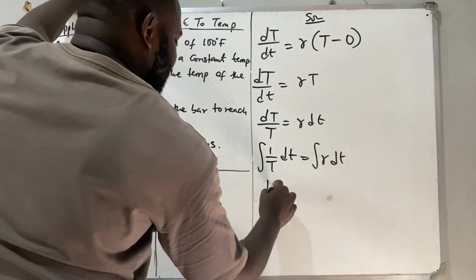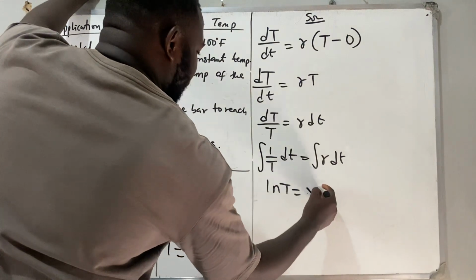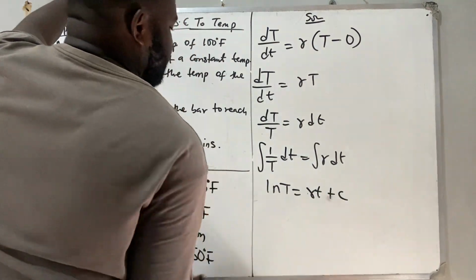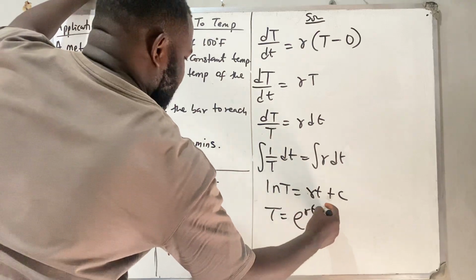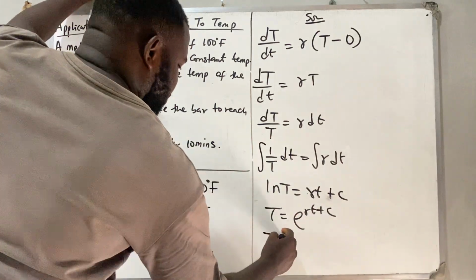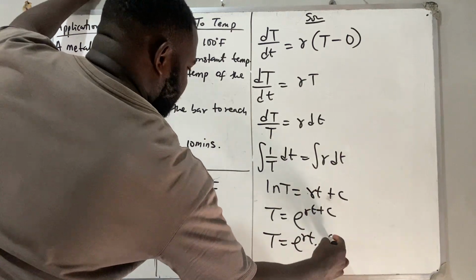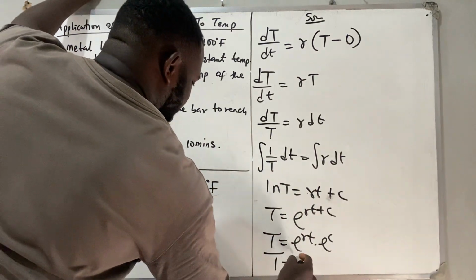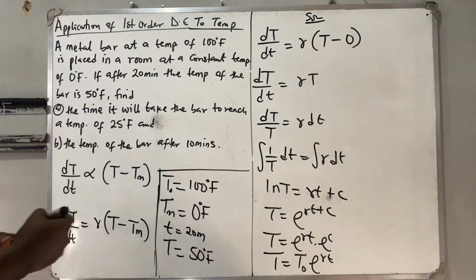So I have ln T equal to rt plus a constant. So T itself will be exponential of rt plus a constant, so T will be exponential rt multiplied by exponential C. Therefore T becomes T naught exponential rt, for this particular one.